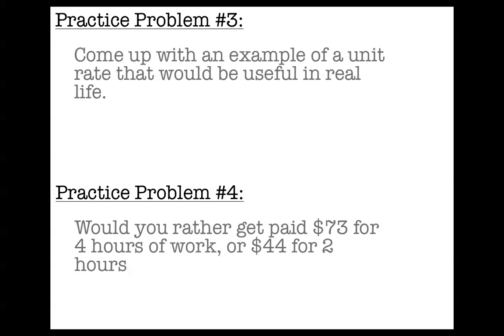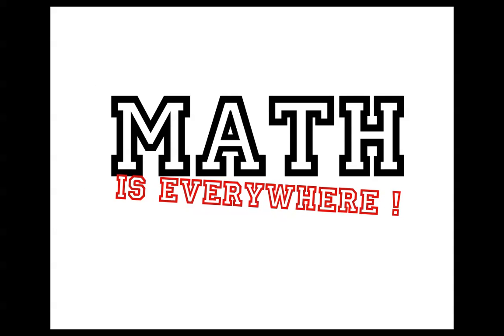And then finally, would you rather get paid $73 for 4 hours of work or $44 for 2 hours of work? Use unit rates and figure out which is the best rate of pay. Once you do that, you're all done, and I will see you tomorrow.